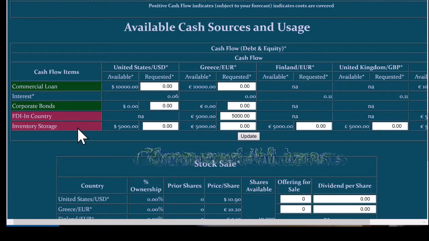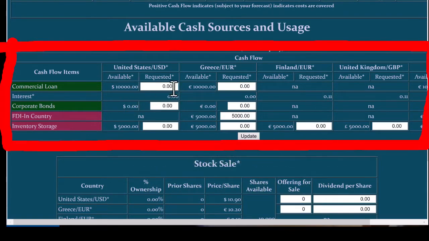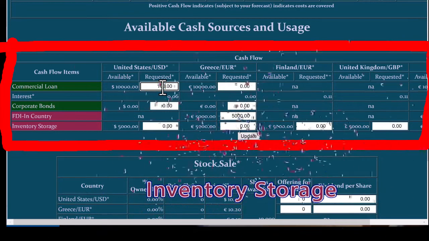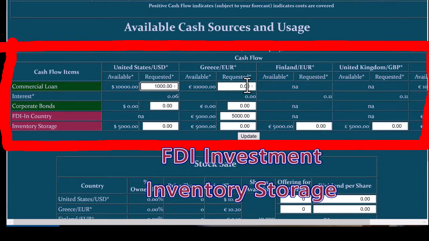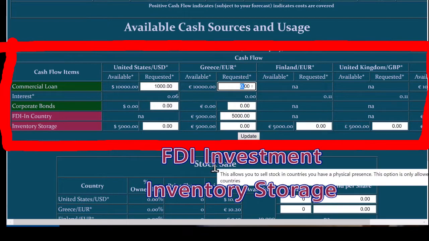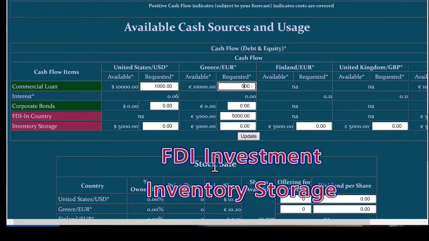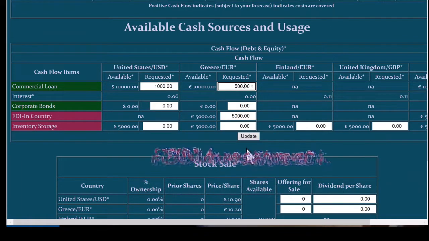In addition to that, we have two expenses, FDI and inventory. The FDI expense is a preset number required to ensure that the investment is made, and the value defaults to 5,000 but can be changed by your faculty, by your instructor.